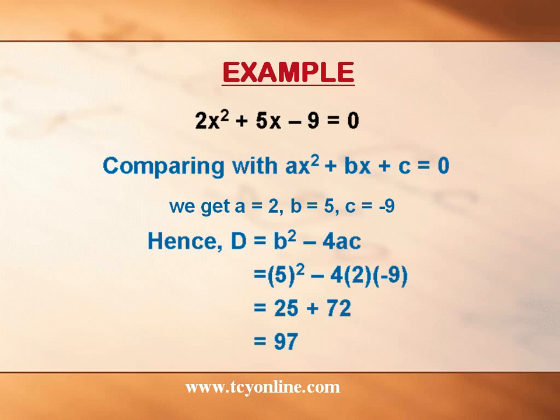Just plug in the values into D equals b squared minus 4ac. On plugging in the values, you will reach 97. So that means 97 is the discriminant of 2x squared plus 5x minus 9 equals 0.